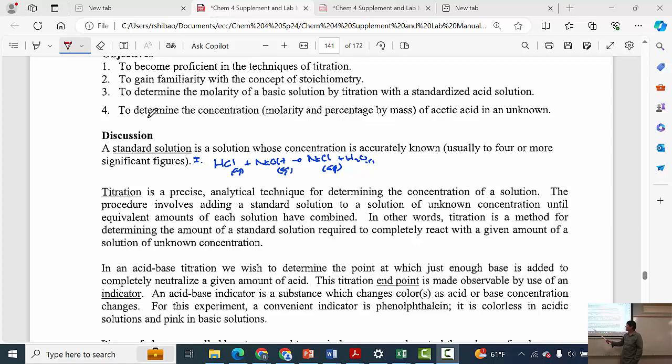In an acid-base titration, we wish to determine the point at which just enough base is added to completely neutralize a given amount of acid. So this is the stoichiometric endpoint, when we have stoichiometric quantities of each. We have 3 ways of doing a reaction. We could have limiting A, excess B. We could have excess A, limiting B, or we have stoichiometric, just the right amount of A and B. That's what we're shooting for here.